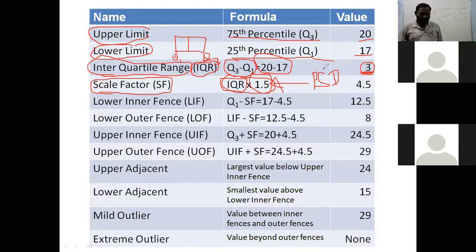Now, you know the meaning of standard deviation, but pseudo standard deviation we usually take the value as 1.5. So we multiply by 1.5 to get the scale factor. So our scale factor is 4.5. Is it clear? So these are some of the calculations that we are looking at.